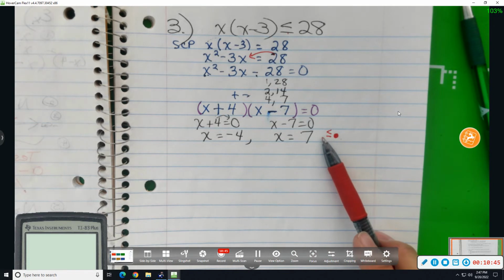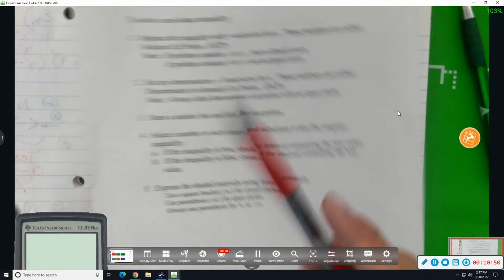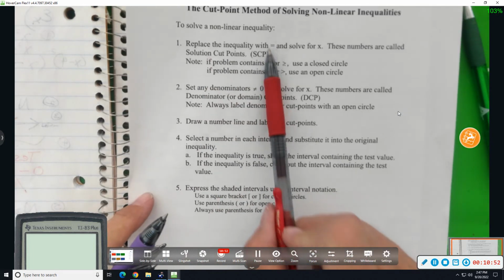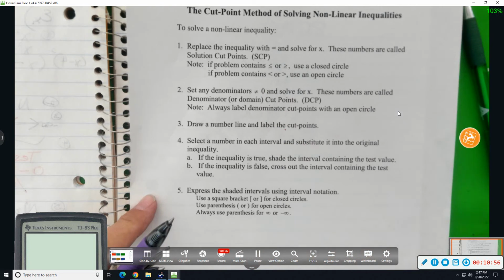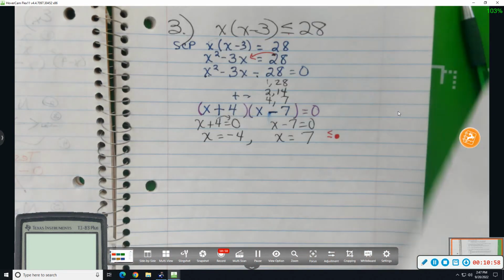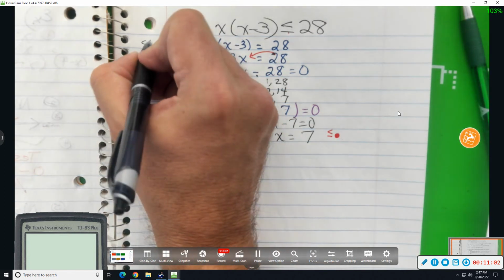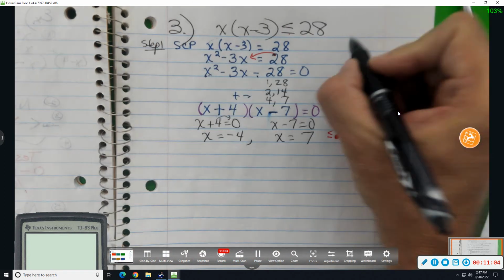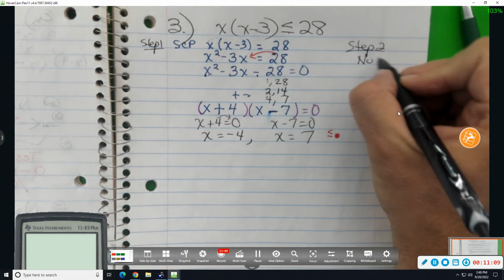Remember, it's the one that uses more ink. For solution cut points, you look at the symbol. For denominator cut points, it's always open, but for this one, do we have any denominator cut points? I think we've already decided no denominator cut points.